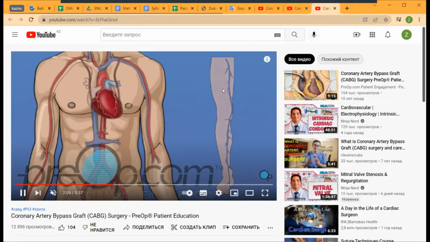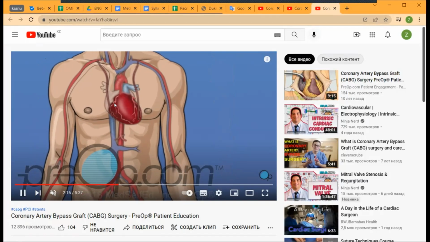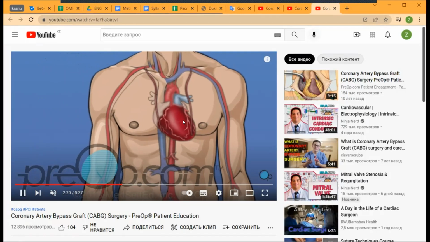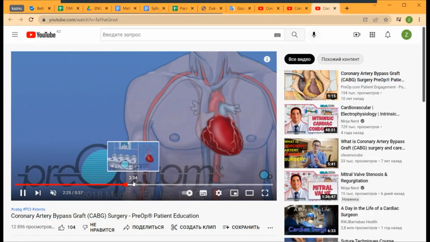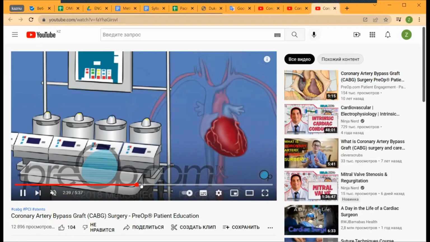We can use a section of it, or maybe a small artery, the thoracic artery, and we use them to bypass some region, some vessels in the heart. But it's important that we need a heart-lung machine, because we need to connect our great vessels with the heart-lung machine, and this machine will work during the operation.